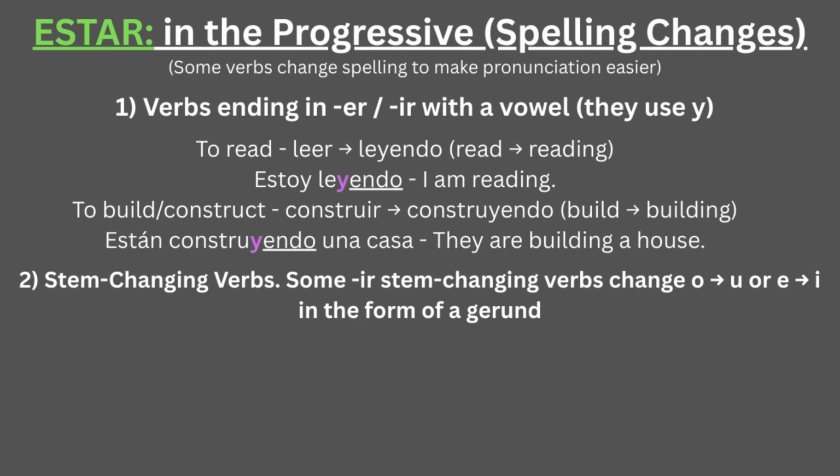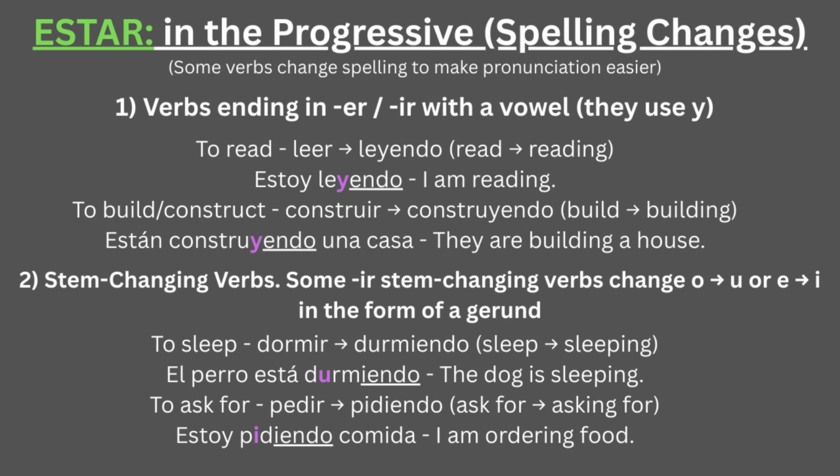Two: some stem-changing verbs will change o to u, or e to i, in the form of a gerund. Such verbs are irregular, because they're stem-changing in general, so their gerunds also change in the stem, to make the pronunciation simple.